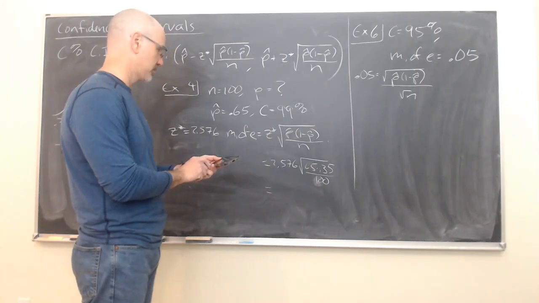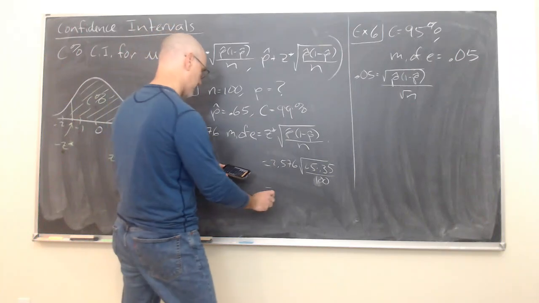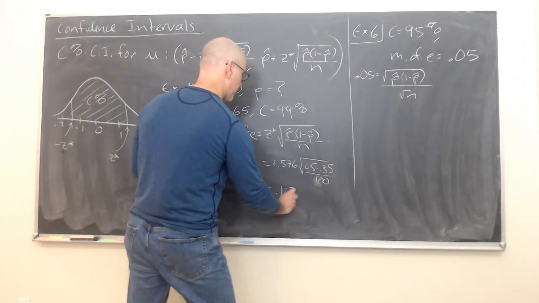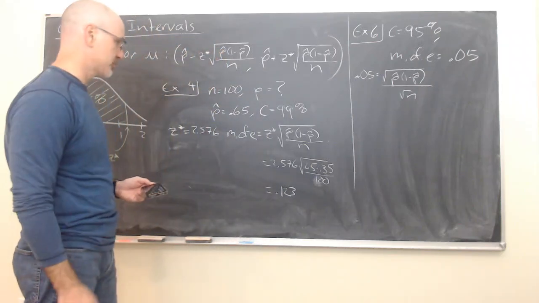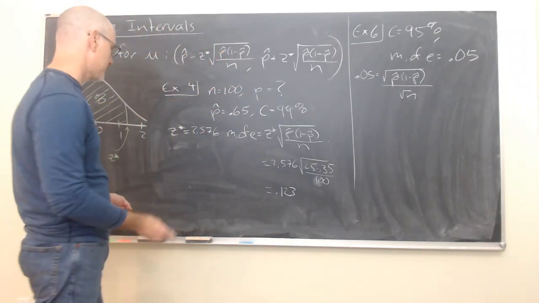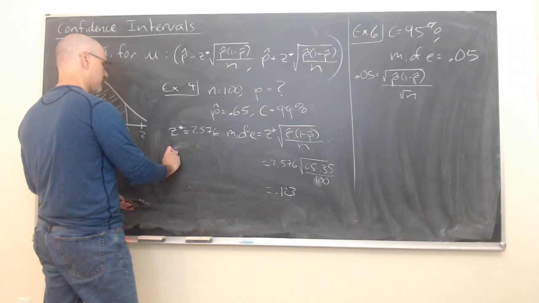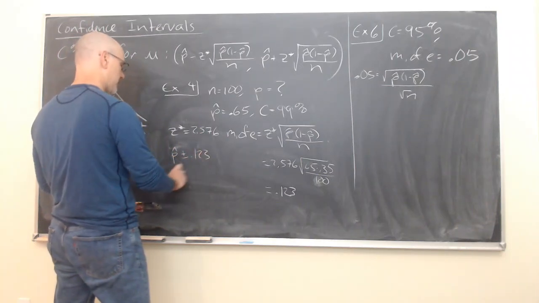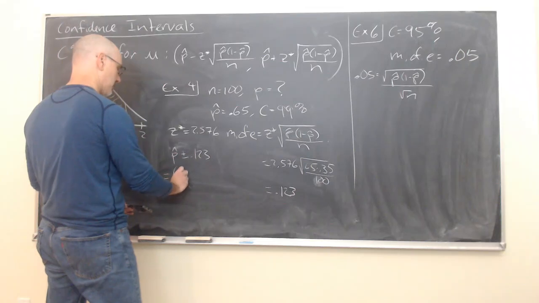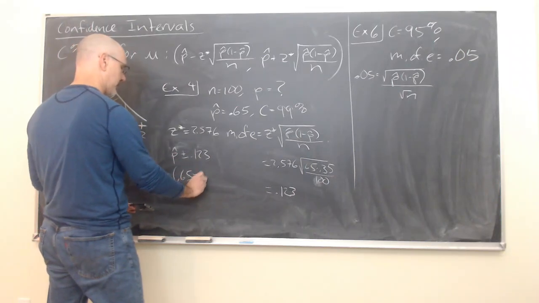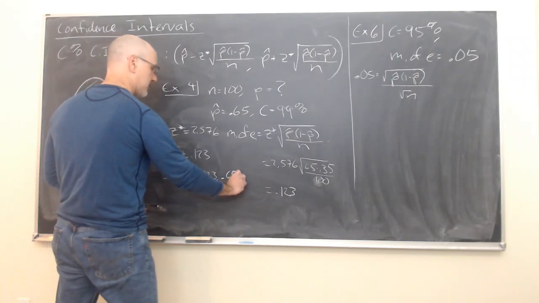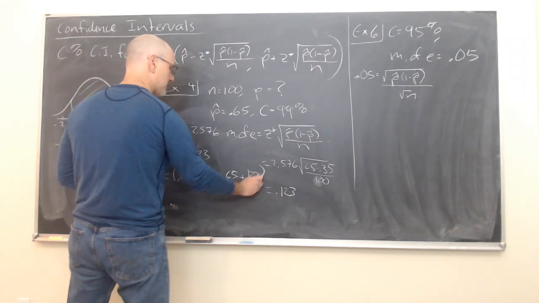If I manipulated my calculator correctly, I get about 0.123 for the margin of error. That makes the confidence interval p hat plus or minus 0.123. In other words, 0.65 minus 0.123, 0.65 plus 0.123.